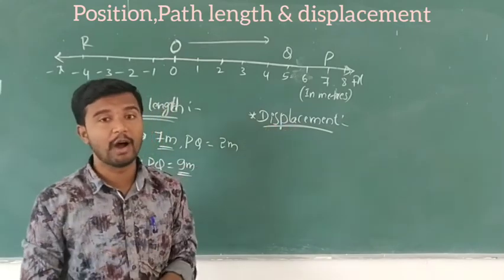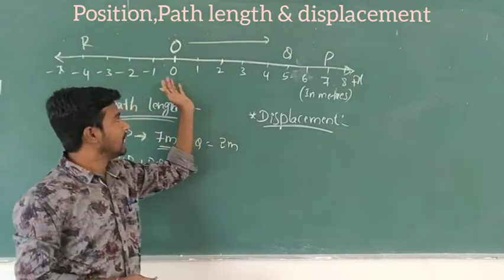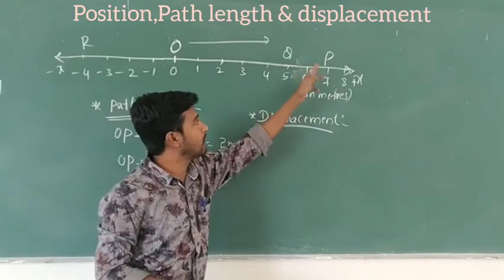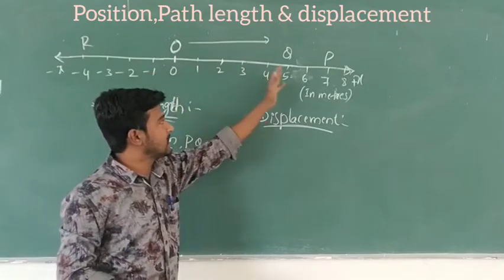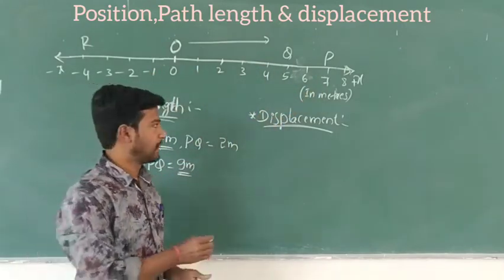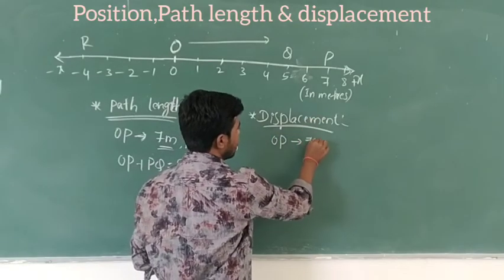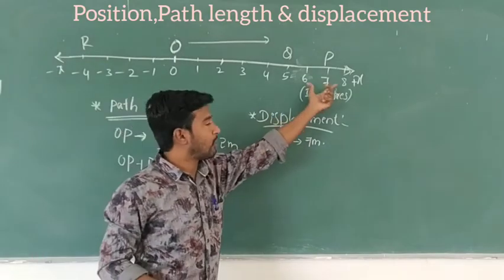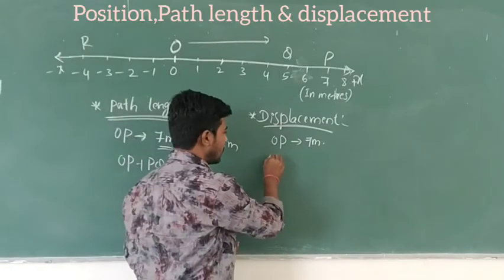Displacement is nothing but what? The position P from O: what is the distance covered by P from O? 7 meters. O to P is the distance, 7 meters. Then what is the displacement from O to P? That is 7 meters, the displacement also.